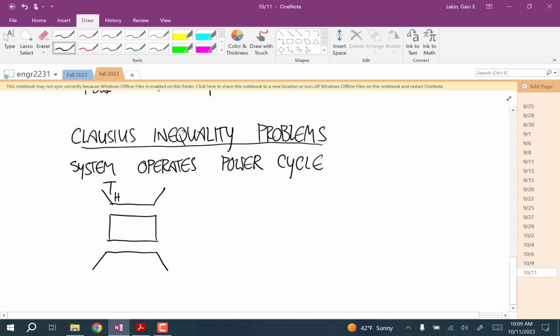I'll call this temperature TH, this is temperature TC. And the way a power cycle works is you bring in heat, QH, from the boiler, from the hot temperature. You eject heat, QC, at the low temperature. And the effect of this is that work is done on the surroundings.